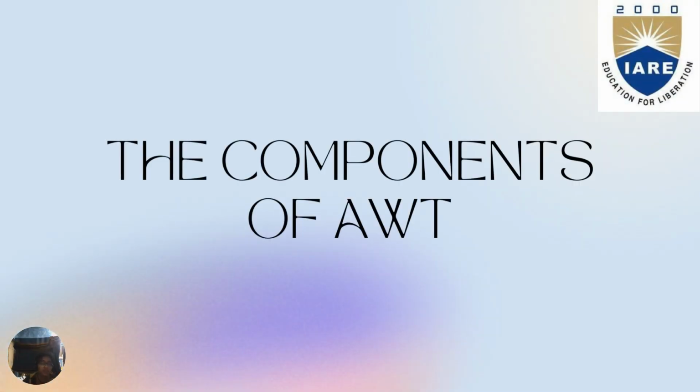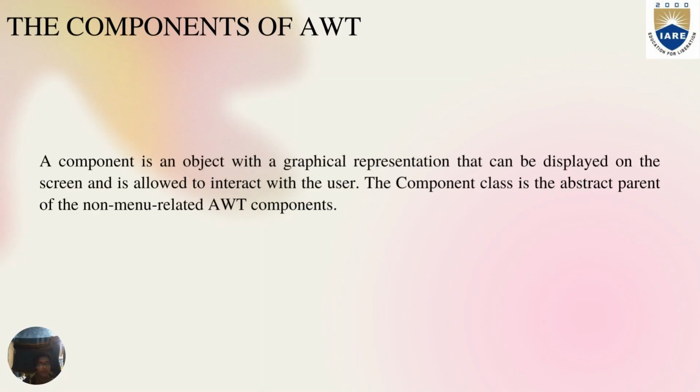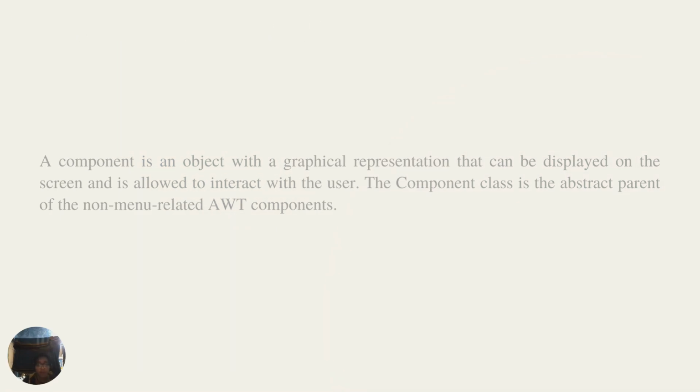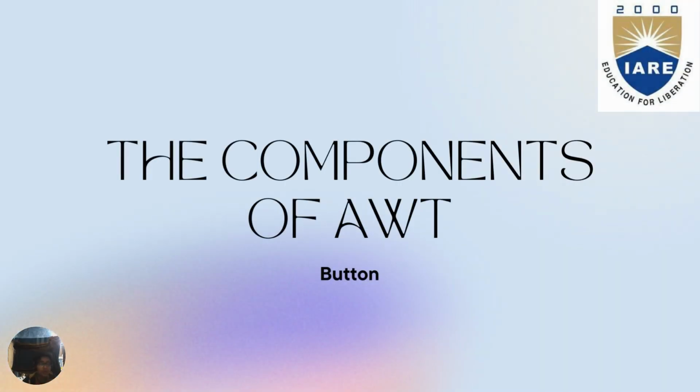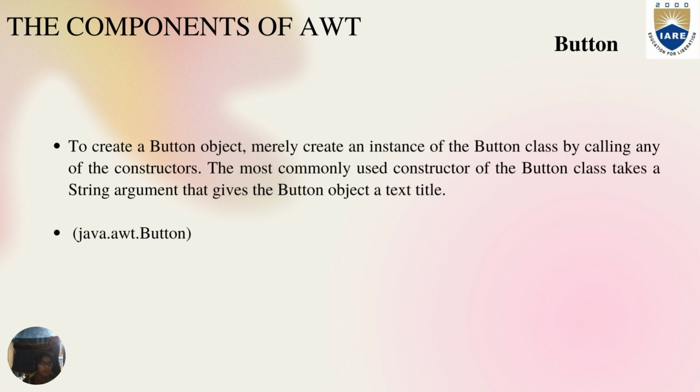Now, let's discuss the components of AWT. A component is an object with a graphical representation that can be displayed on the screen and is allowed to interact with the user. The Component class is the abstract parent of the non-menu related AWT components. So one being the button.